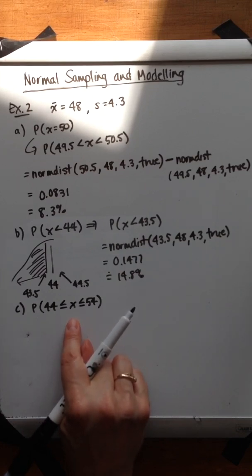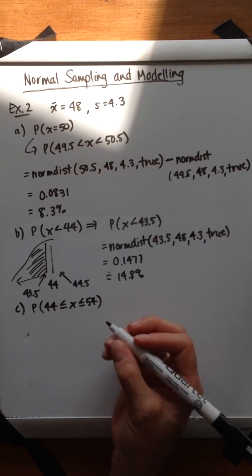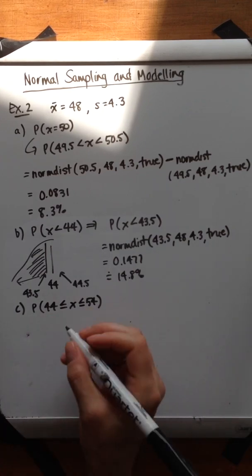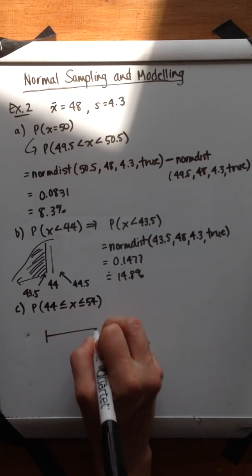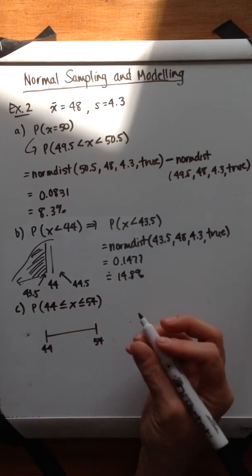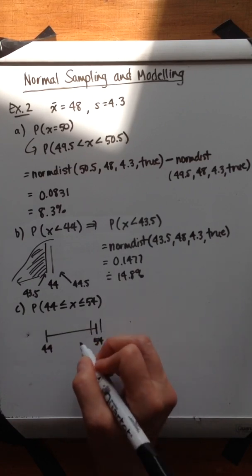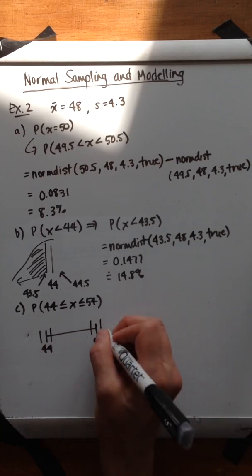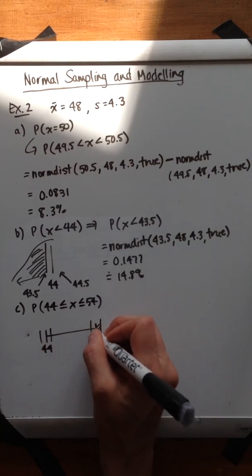So how are we going to do that? Well, we want the numbers 44 and 54 to be included in the area that we calculate. So 44 and 54, if I have a bin on either side and I want to include these numbers, I'm going to have to go to the outer edges of that bin.